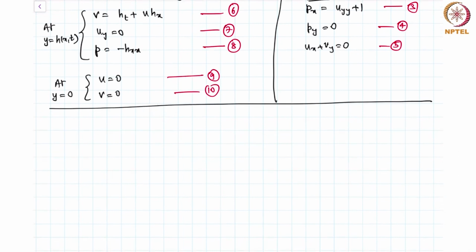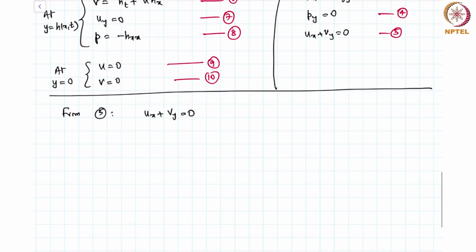So we'll do the following. From 5 we have ux plus vy is 0, and therefore we'll integrate this from 0 to some h, integral of ux dx, or sorry, dy, plus integral from 0 to h of vy dy is 0.